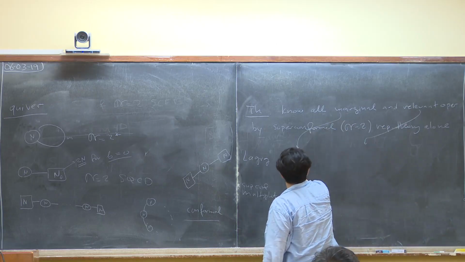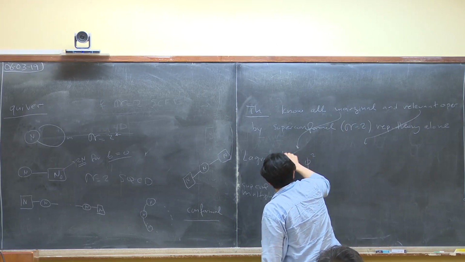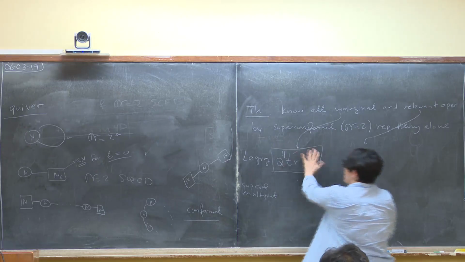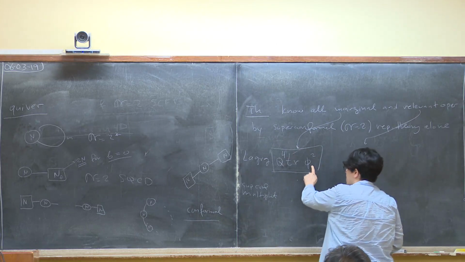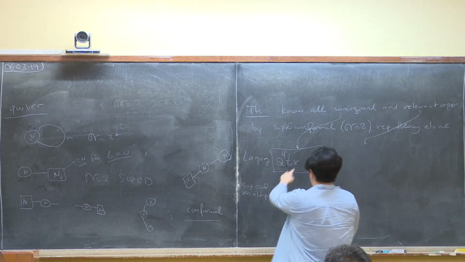The marginal operators, they will be descendants of, so what I'm writing here is only if you have a Lagrangian theory, trace phi squared, the simplest protected operator you get by representation theory alone.